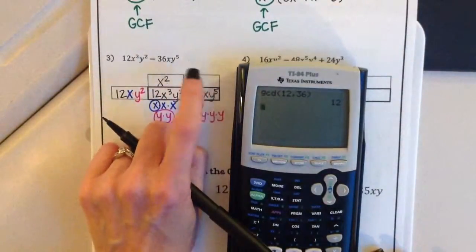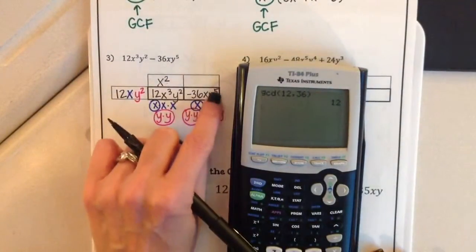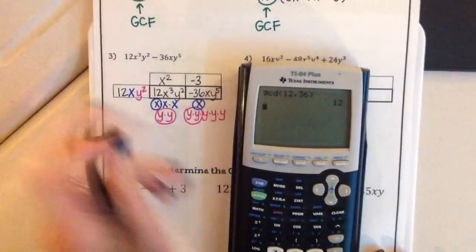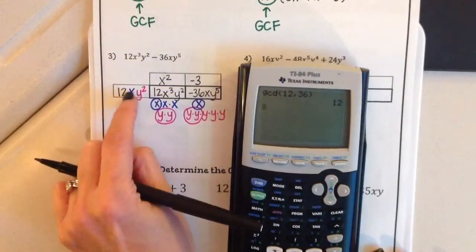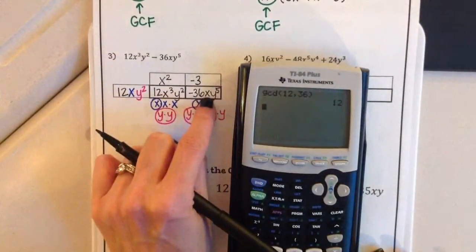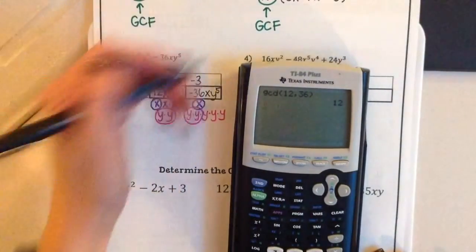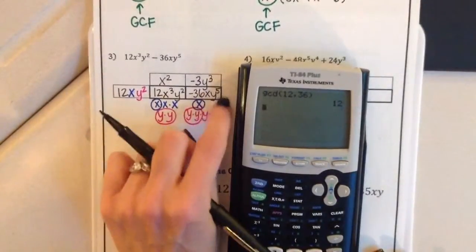Now I got to figure out what goes here. What times 12xy squared is going to give me negative 36xy to the fifth? Okay, I need to multiply by negative 3. That's what's going to make my negative 36 when I multiply my coefficients. Again, I already have my x. I don't need any more x's, but I need y to the fifth power, and I have y squared. So I'm going to need more y's, y to the third, because 3 plus 2 is 5.